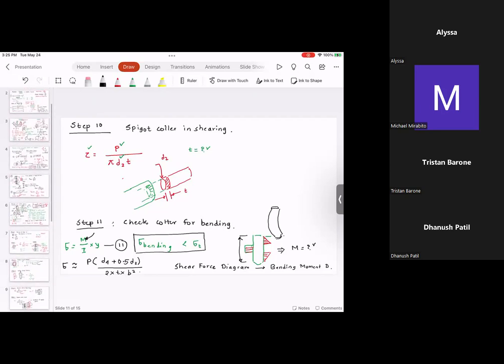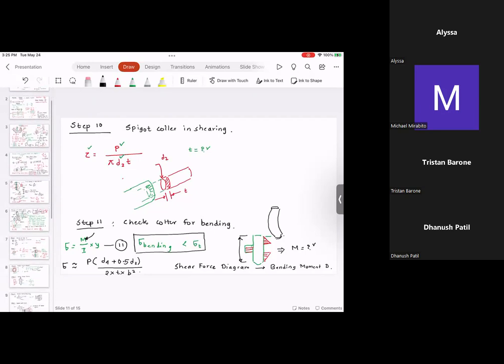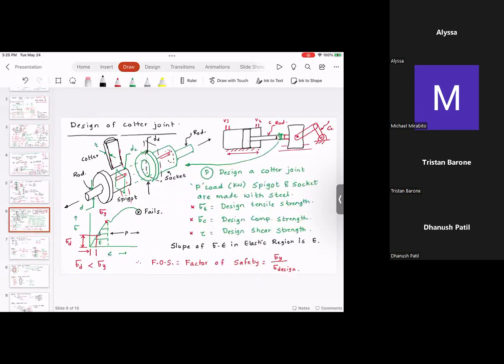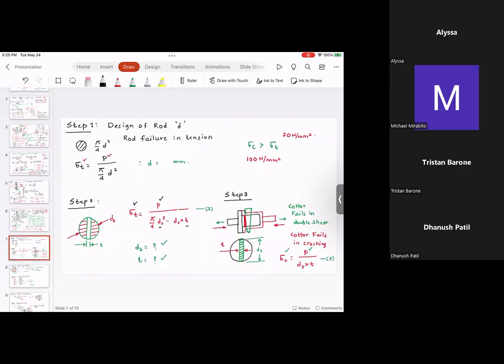So let me quickly review the steps. Cotter joint has 11 steps, and a Cotter joint is used to transmit forces, not torques, not moments, just forces. You have to systematically go with step 1, find the diameter; step 2, work in conjunction with step 3 to find the diameter of the spigot and the thickness.